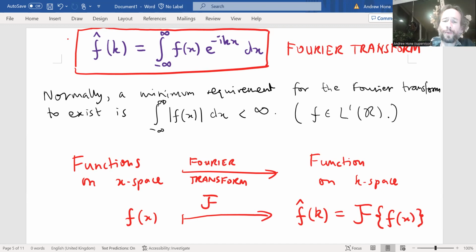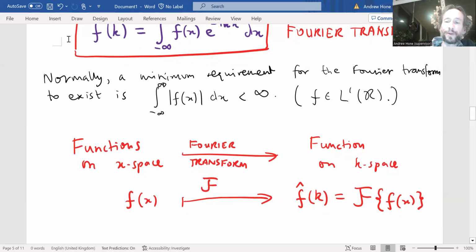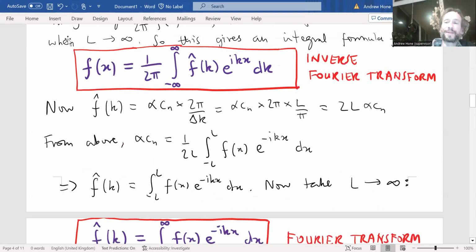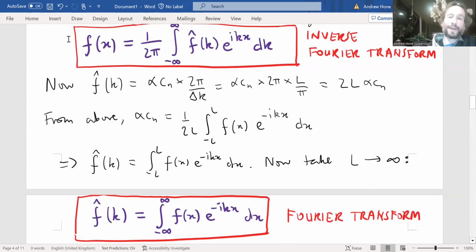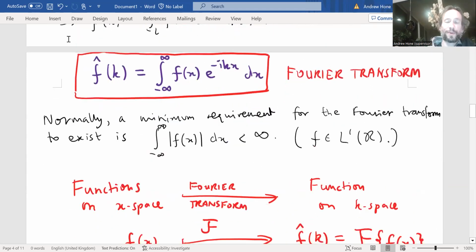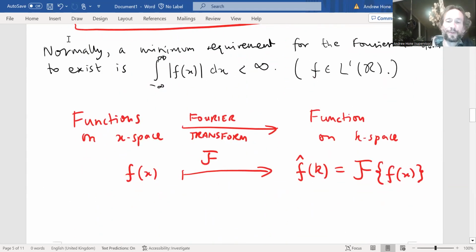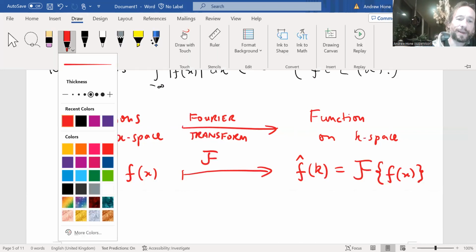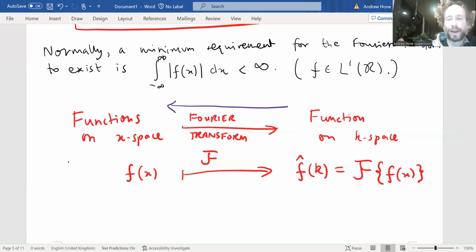So that's one way around. And then we can draw another picture, because above we also had this other formula, which I've called the inverse Fourier transform. So now I want to show you an arrow going back the other way.